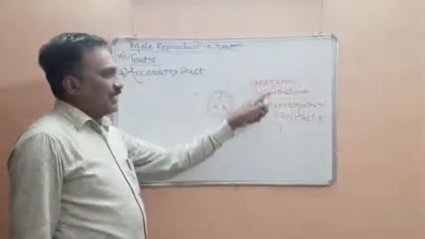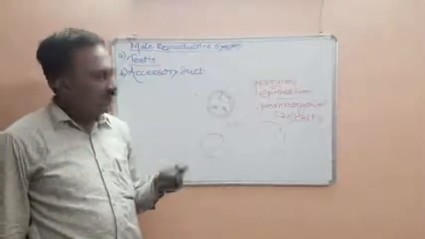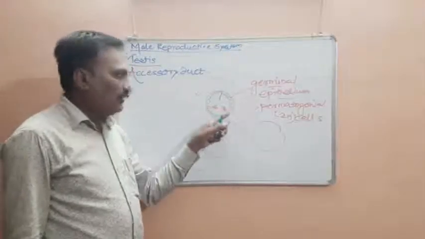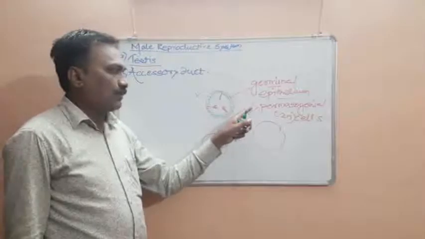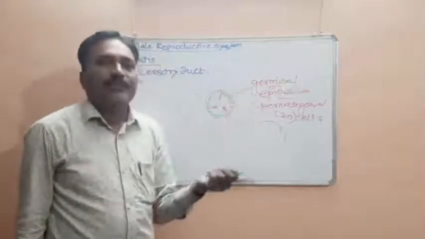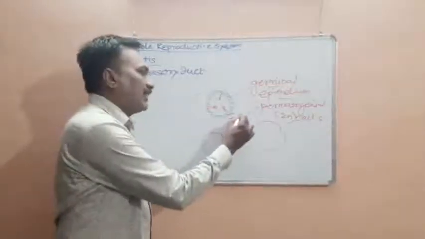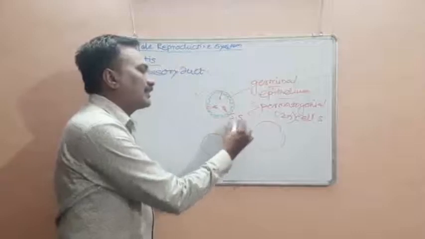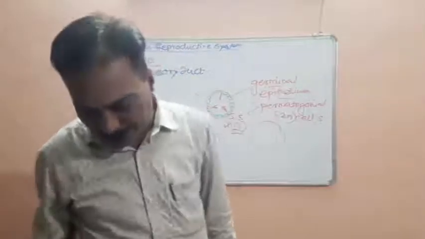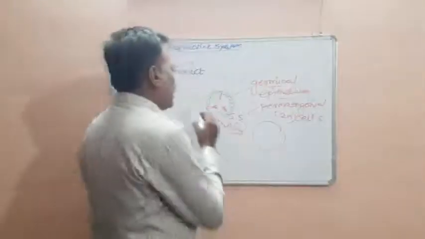By following gradual developing stages, the spermatogonial cells convert into primary spermatocytes, then secondary spermatocytes with a single set of chromosomes, haploid, and these convert into spermatids, and finally into sperms.